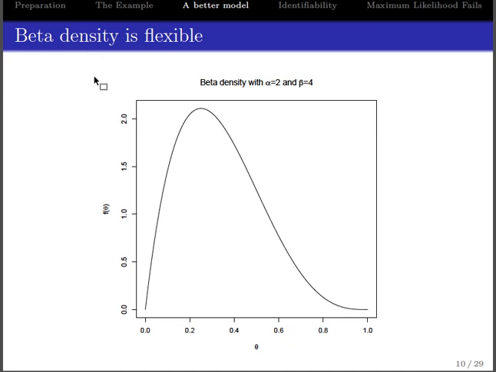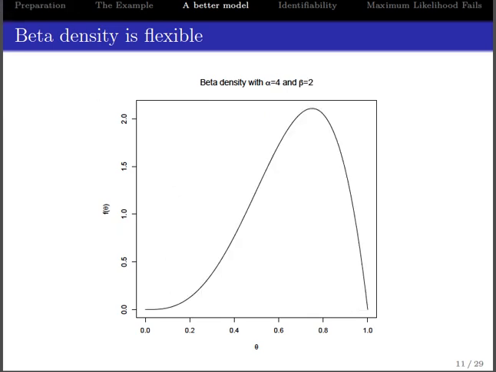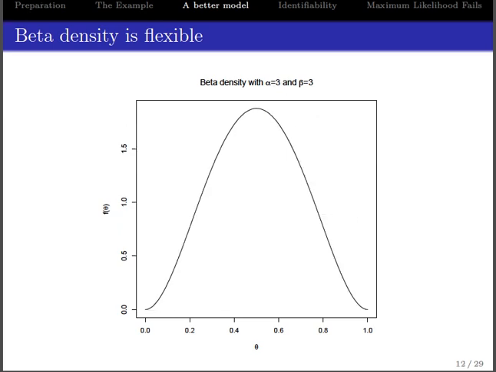Here's one with alpha equals 2 and beta equals 4, so that the expected value is around a third. If we reverse those, alpha equals 4 and beta equals 2, we'll get a hump over on the other side. Alpha equals 3 and beta equals 3 gives you a nice symmetric one around the half.